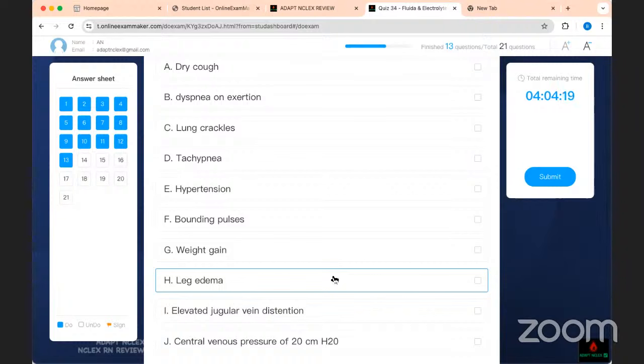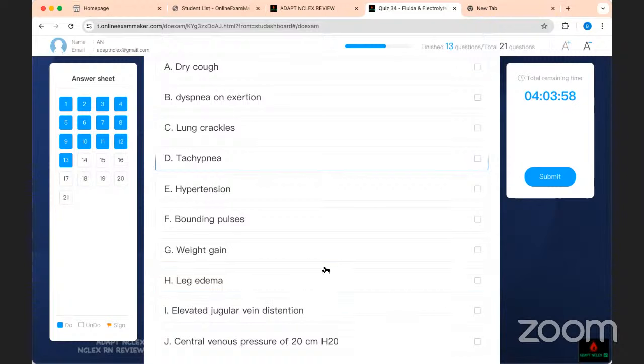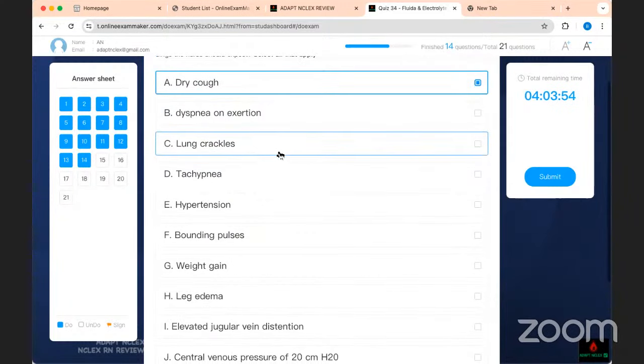So which of these do you think you will see in the patient who has missed dialysis sessions 3 times? Which of these are you going to see in them? Signs and symptoms: is this consistent with fluid overload? Of course, dry cough is consistent with fluid overload.